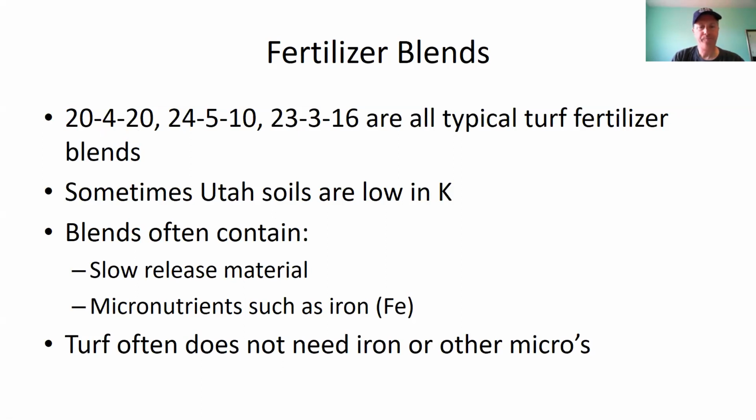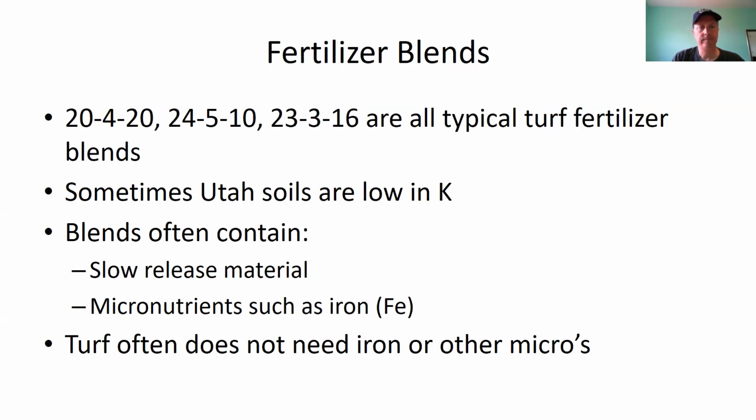What you mainly need to look at is the amount of nitrogen in these as compared to other elements. Now, if you were short on phosphorus or potassium, it becomes more important to have those other elements in there, like the P2O5 or K2O. But in those situations, like if you had a really sandy soil, Utah sandy soils are often short in phosphorus and potassium.